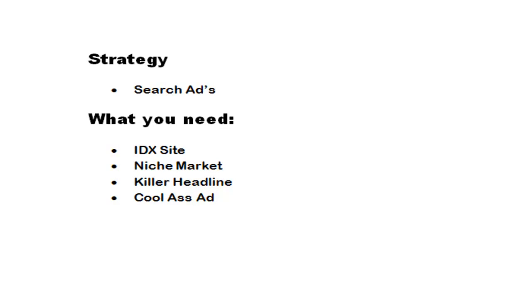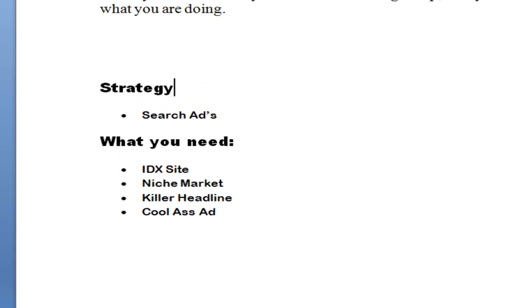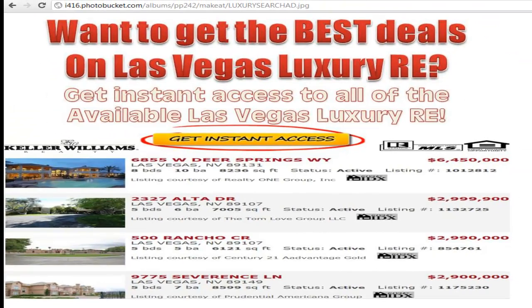Okay, all right, so let's go ahead and switch the pace here and show you guys some of the ads that I created for a client of mine that use this exact strategy. So what we're looking at here is a search ad that was created for luxury properties. All right, as you can see, it's got a few examples of luxury properties on here, some deals, a little bit of information, and that's basically it.